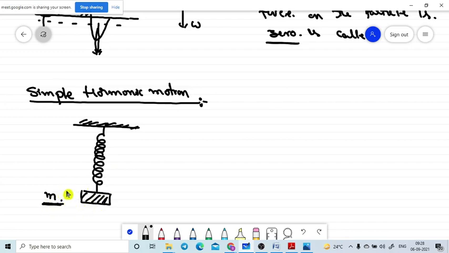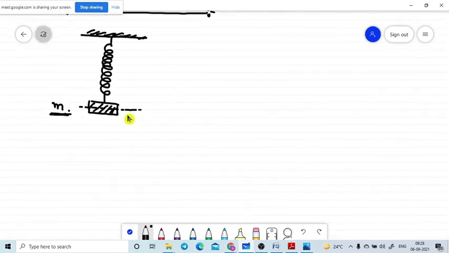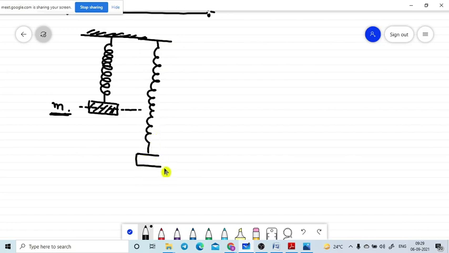At the equilibrium position, the load is at this position. If we apply a certain amount of force and pull this object a certain distance, the spring will be elongated like this. The body is moved up to this position. Then if you release this object, what will happen?